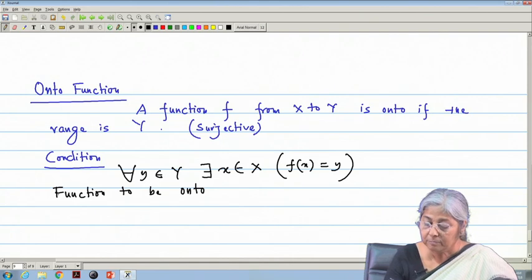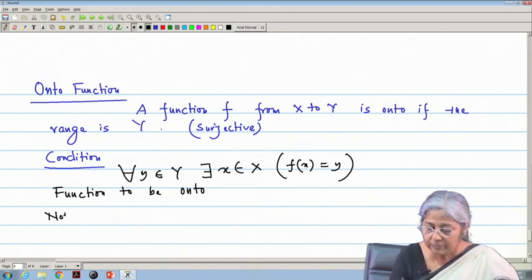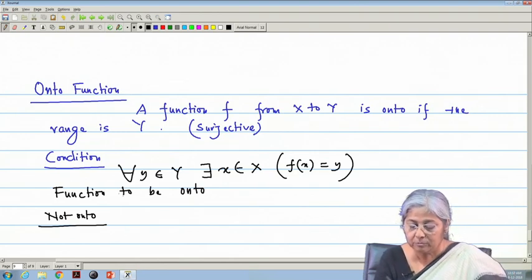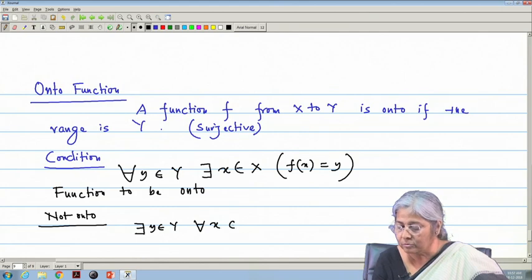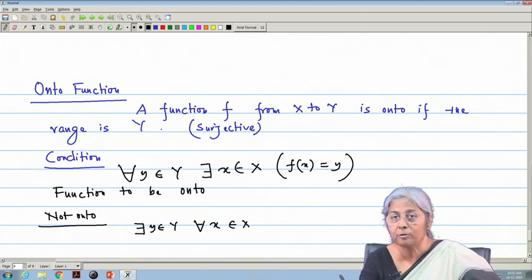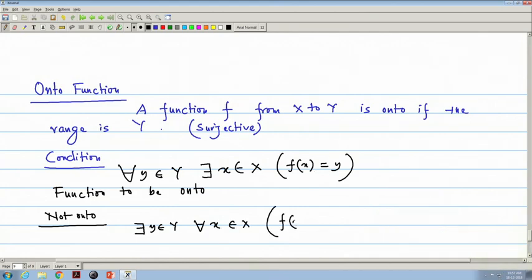And if the function is not onto, like the previous one we have done, we take the negation and it will be that there exists y belongs to Y, for all x belongs to X, negation of f of x equal to y. So, f of x not equal to y. So, there must be at least one y, that means it is not the range.